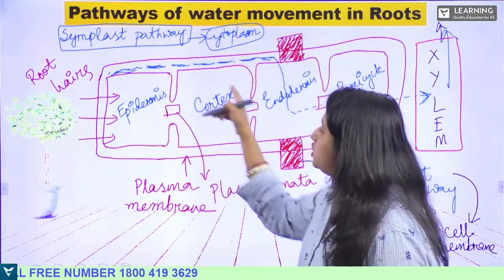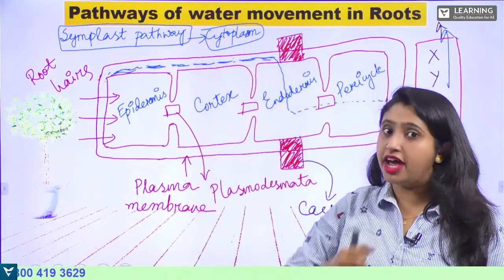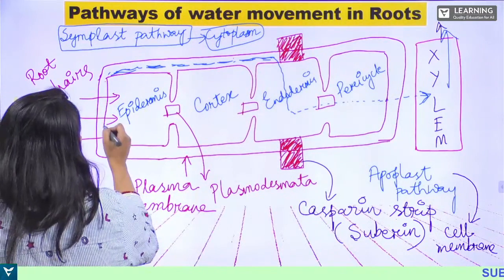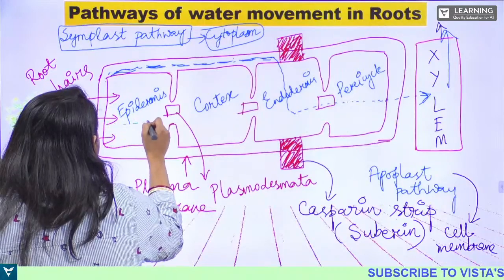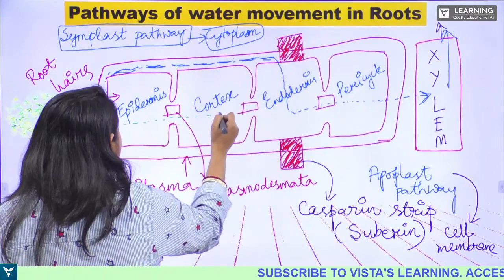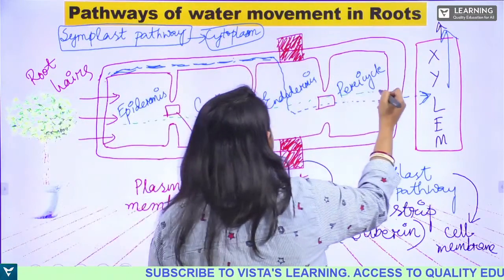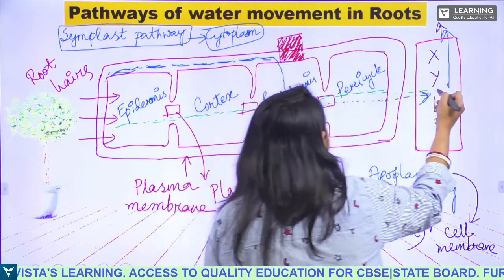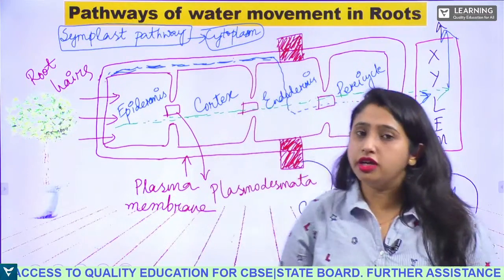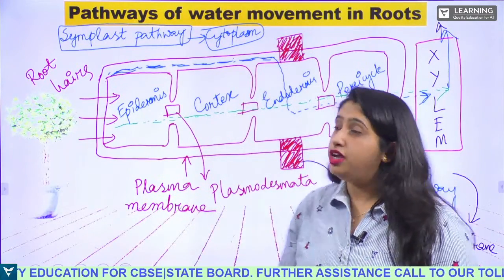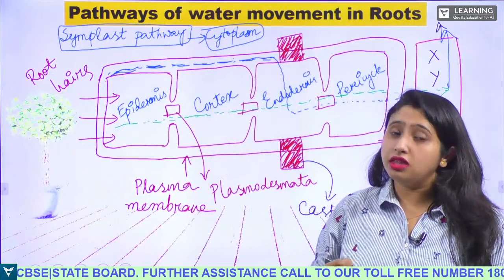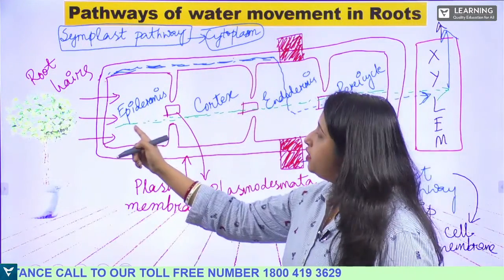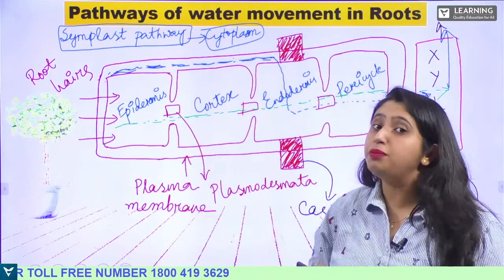This space which you can see is the cytoplasm. So the water molecules can directly move, crossing the plasmodesmata, to the pericycle, and be transported to the xylem. So the water molecules or ions move through the cytoplasm in the Symplast pathway. Is that clear? They move directly through the cytoplasm, crossing the plasmodesmata.